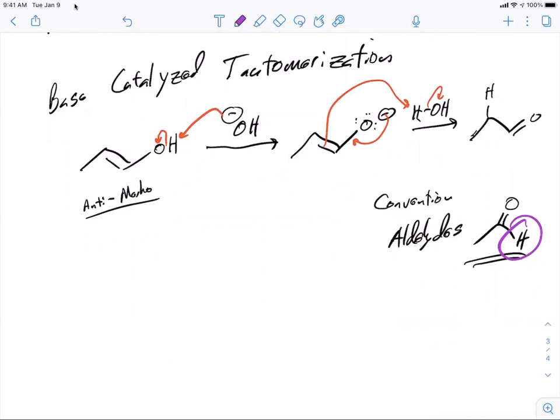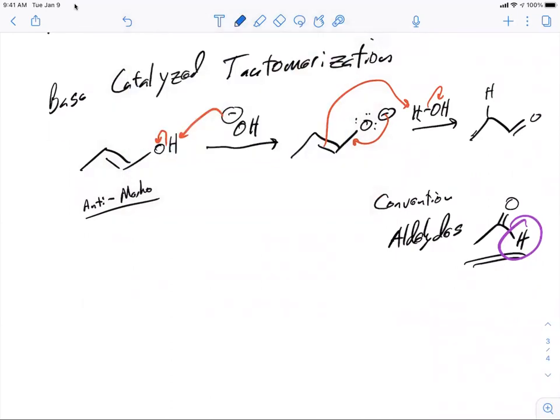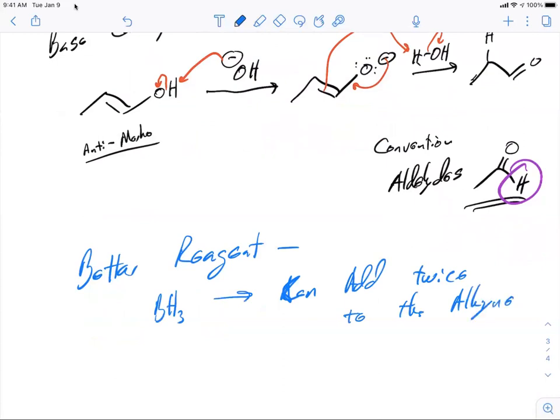Now, there is one concern with the use of the BH3, which is when we look at BH3, right, it can add twice to the alkyne, which complicates the reaction and actually will not get us to the product we desire, right?